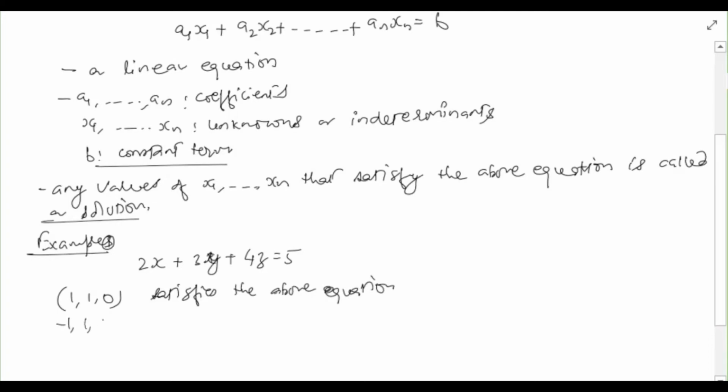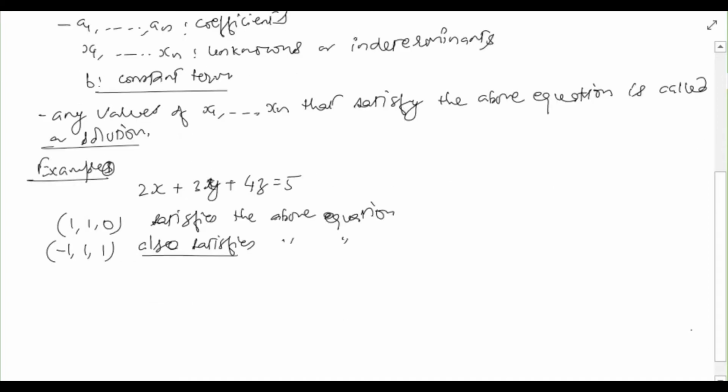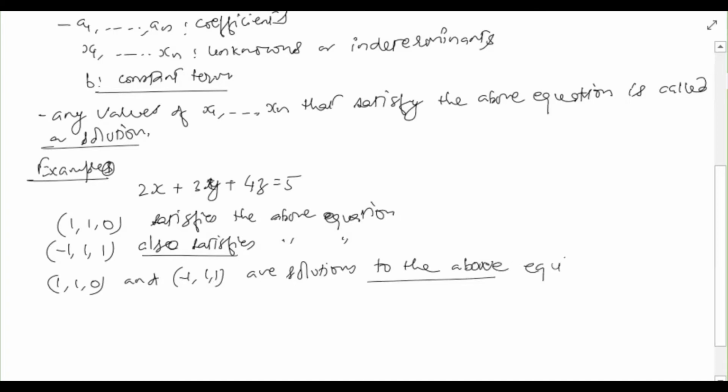Moreover, minus 1, 1, 1 also satisfies the above equation. Minus 2 plus 3 plus 4 will be equal to 5. So as per the statement above, 1, 1, 0 and minus 1, 1, 1 are solutions to the above equation. So we see that an equation can have more than one solution.